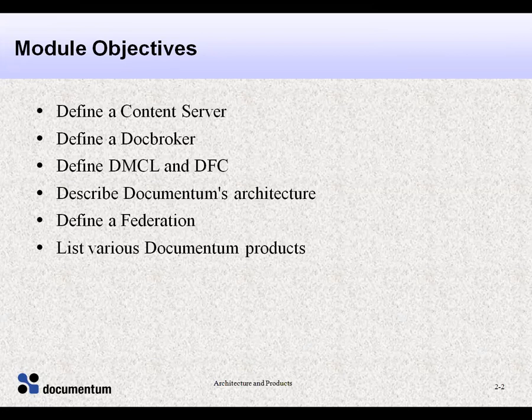Internally, it has two or three applications. We'll discuss what all these components are and how they interact with each other. It's a little theoretical, but it will give you architect-level knowledge.